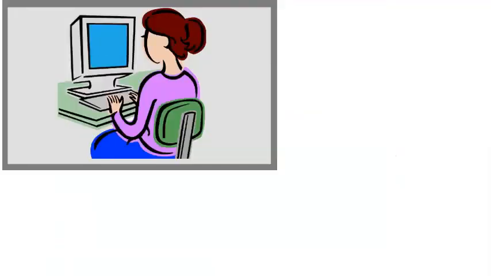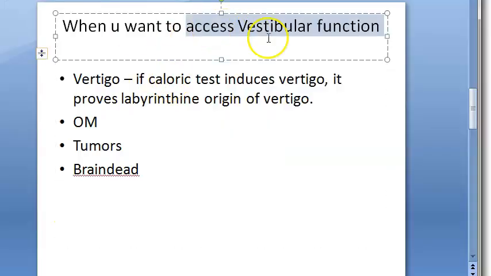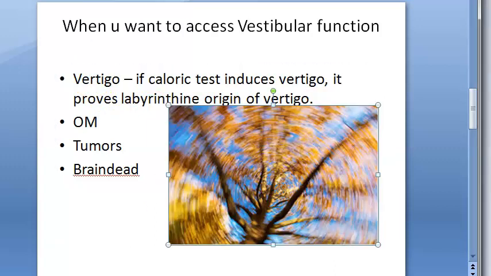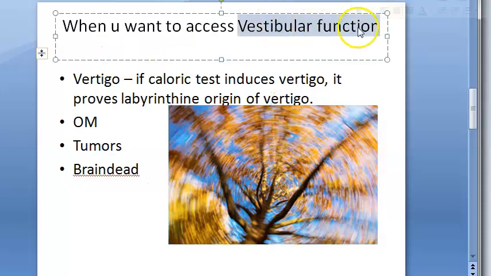Generally, you want to check whether the vestibule functions well. Why do you want to check whether the vestibule is functioning properly? If a person has vertigo, that dizziness, and you want to check whether this vertigo is due to a labyrinthine origin, that is, a problem with the inner ear causing the vertigo, then you can do a vestibular function test to check the cause.